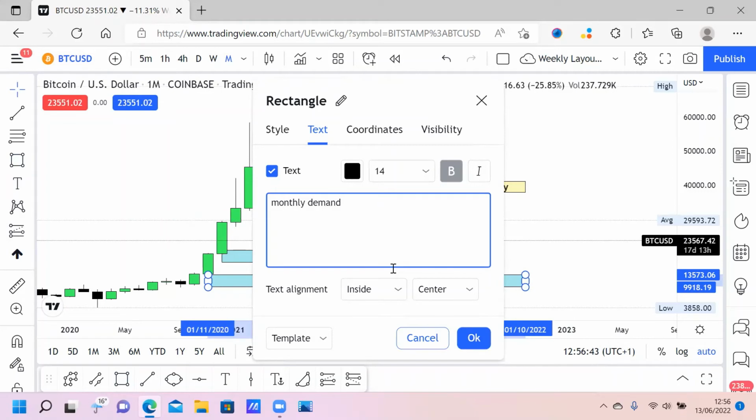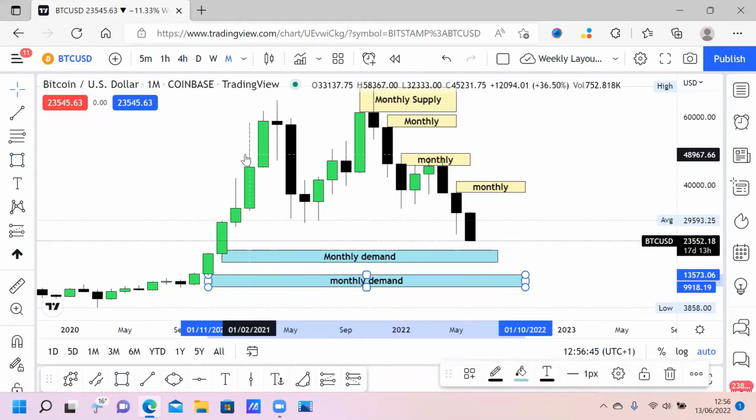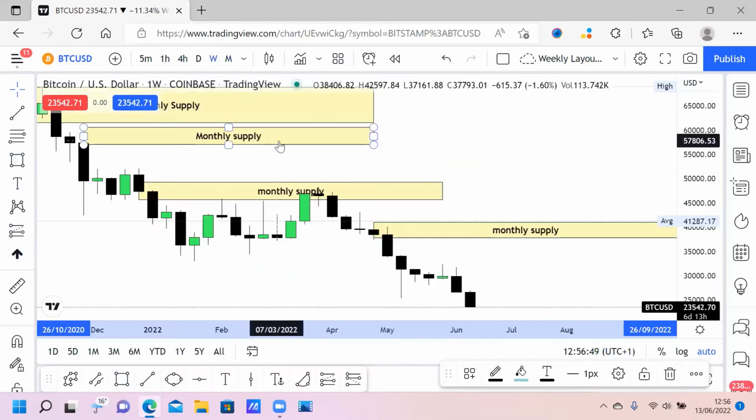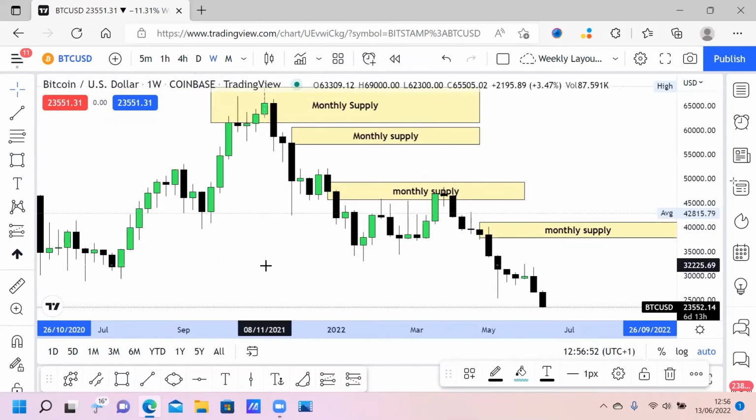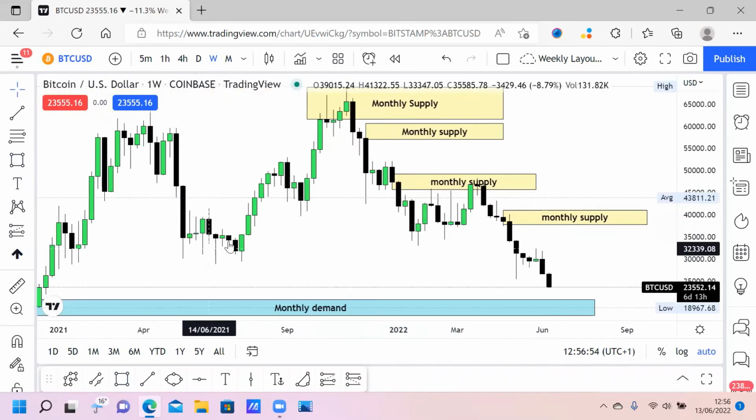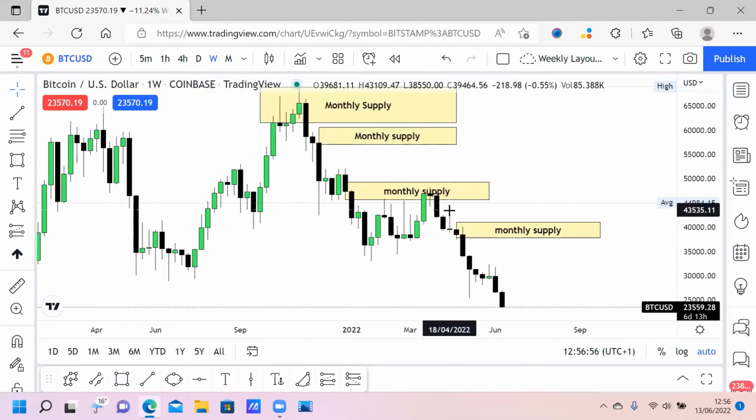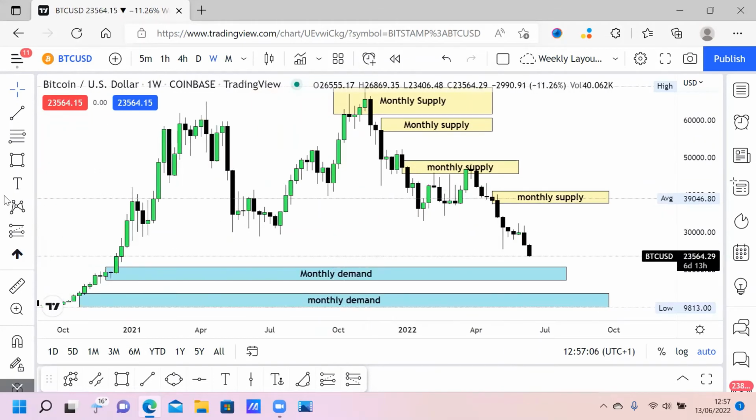Once we've done that, we go one time frame down, which is the weekly, and look at all the zones that we've missed. If you look carefully, a zone was missed here because of the wick. We've got a zone here, and a zone here, but we're going to look very carefully at the recent points rather than going further back.